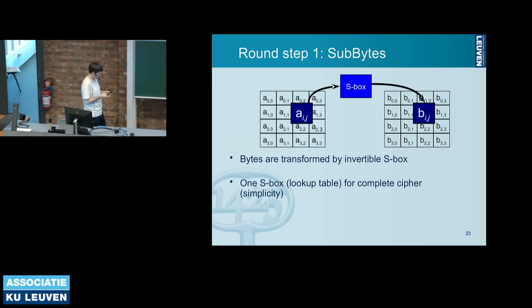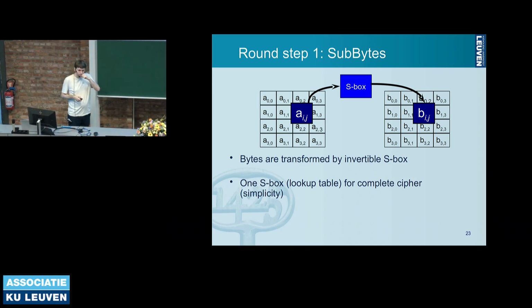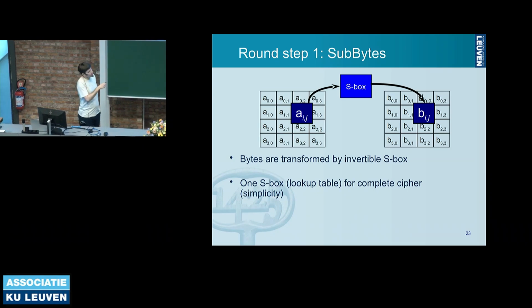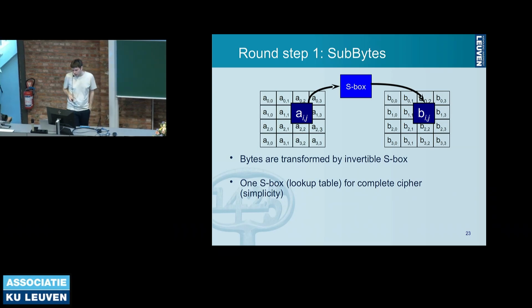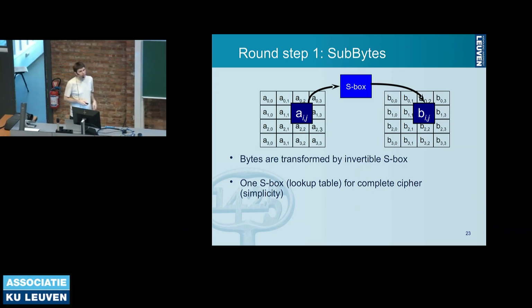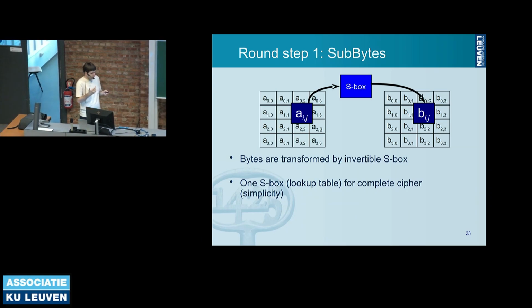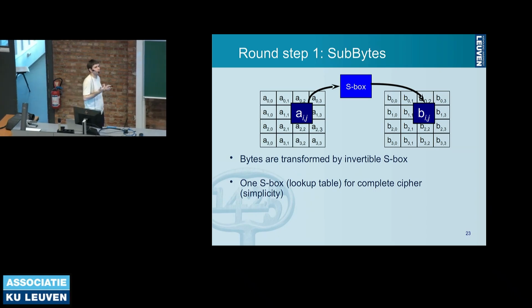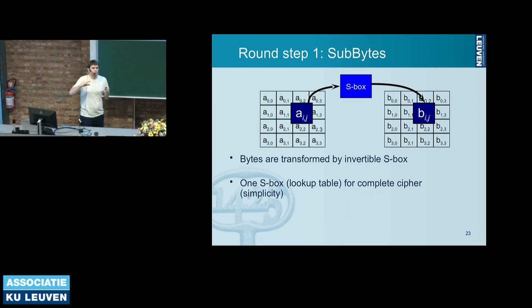So the first thing I'll look at is the substitution. This just takes one byte of the state and applies a lookup table, essentially, to get an output byte. One thing that's already worth mentioning is that in the past, there used to be a lot of ciphers that had the idea of using a different substitution for every byte.